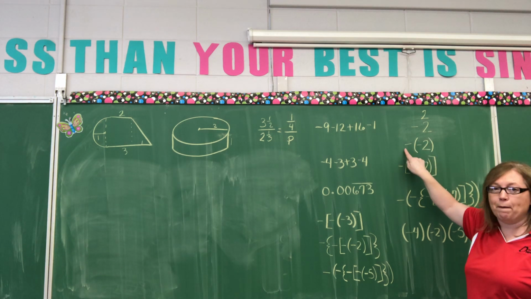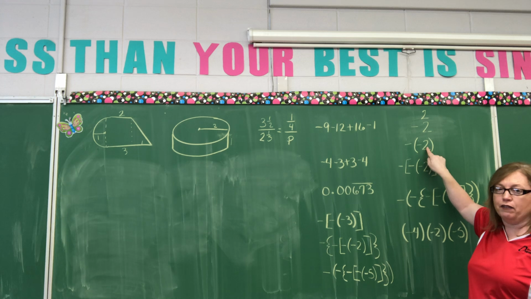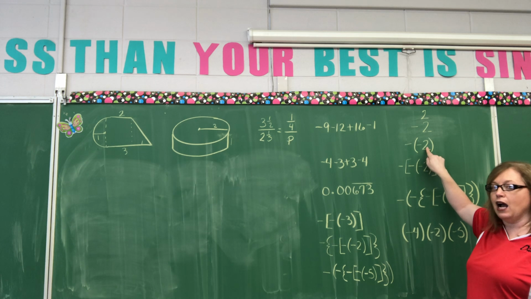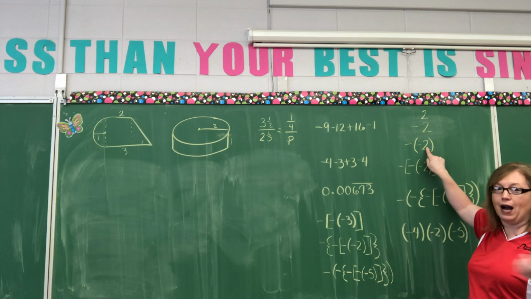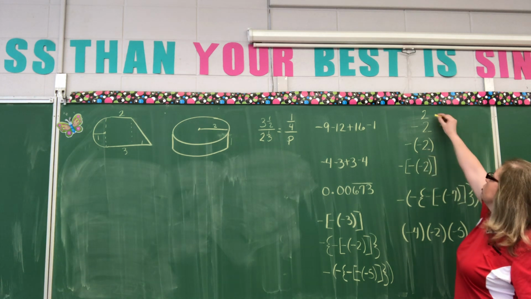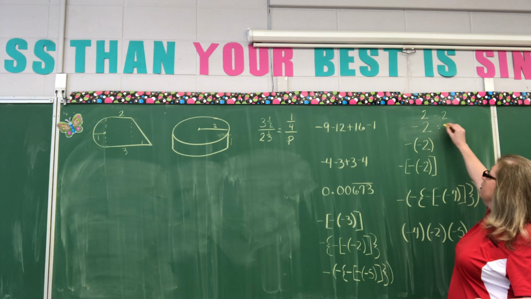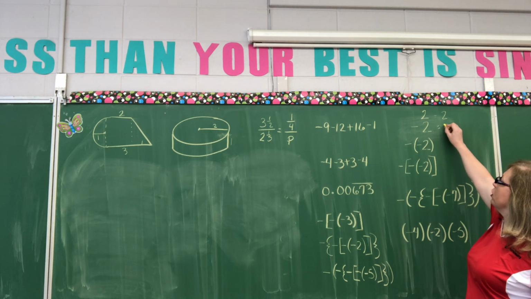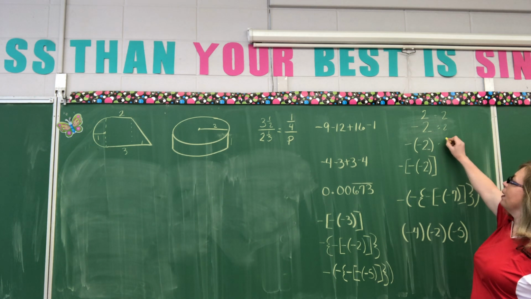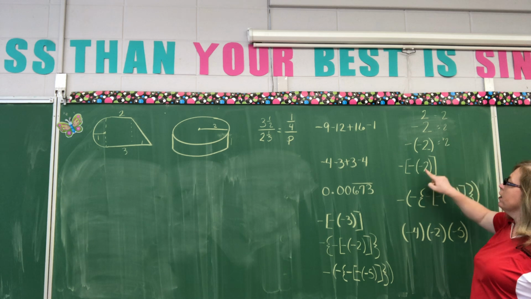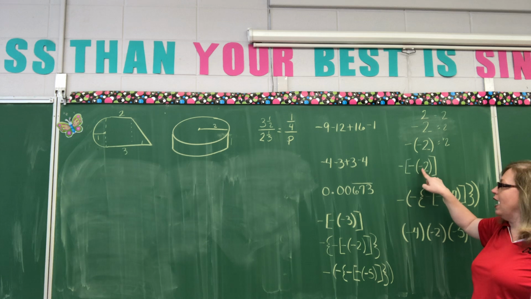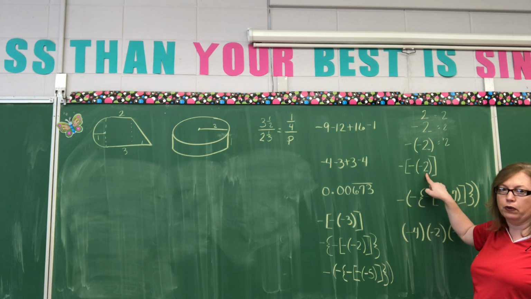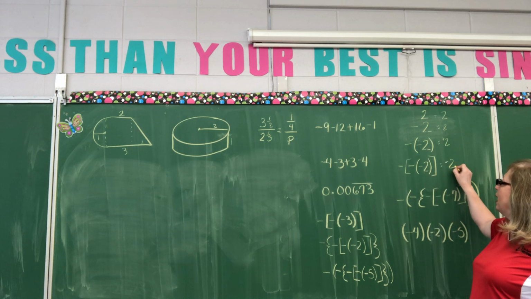This one is the opposite of the opposite of 2, that's going to be a positive 2, okay? So this equals 2, and this is going to be a negative 2. This is going to be a positive 2. Now we have the opposite of the opposite of the opposite of 2, okay? And that's going to be a negative 2.